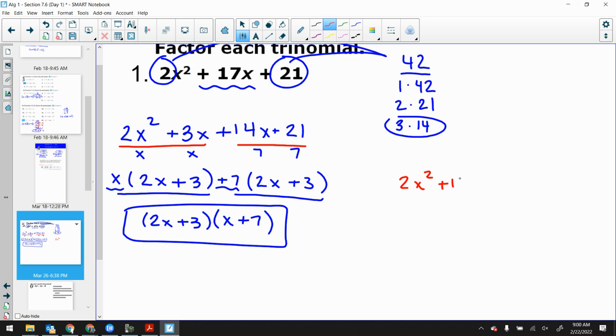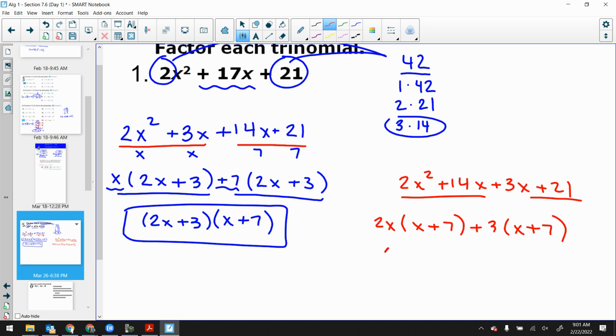So 2x squared plus 14x plus 3x plus 21, and then I group it. Watch what happens. If I pull out the 2x, that leaves me with an x plus 7. I pull out the 3, that leaves me with an x plus 7. I get 2x plus 3, x plus 7. You see how that works? So it actually doesn't matter the order in which you put them in, which is kind of nice.